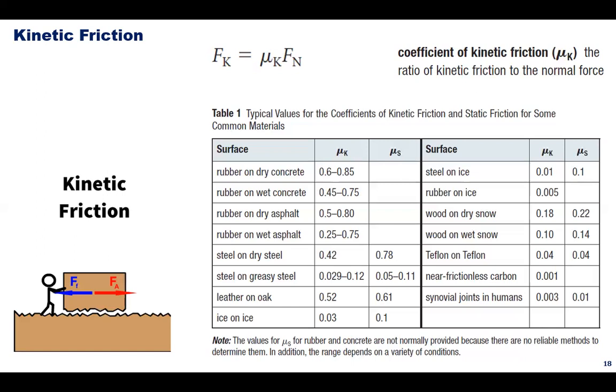Also, remember that the magnitude of the frictional force depends on the normal force. If you increase the normal force, perhaps by adding additional mass to the top of the hockey puck, the frictional force increases. However, this relationship is not a law of nature.